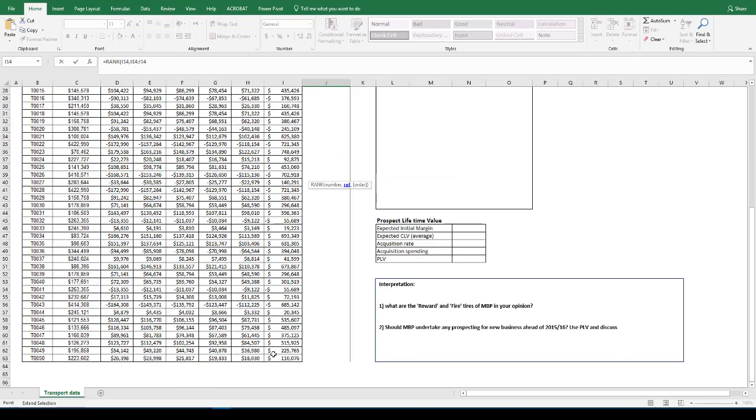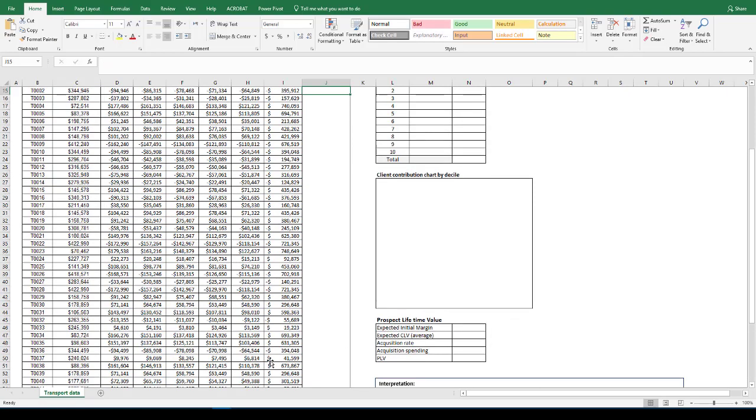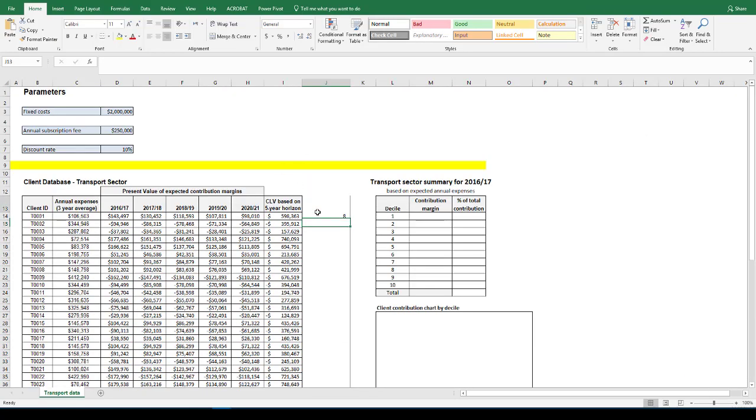Let me put rank here, or ranking. Okay. So it says that the first client's rank is 8. From 1 to 50, this client has the rank 8. Not bad among 50 customers.